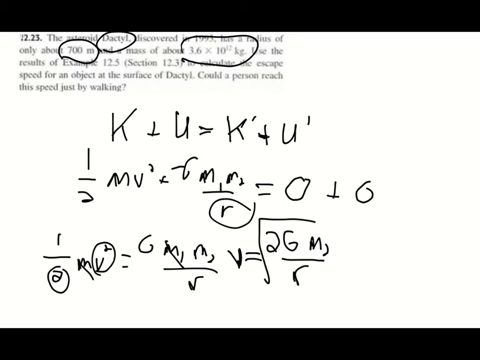And if you look at the constants, I'll write it out here. It'll be 2 times 6.67 times 10 to the negative 11, that's newtons meters squared over kilograms squared.